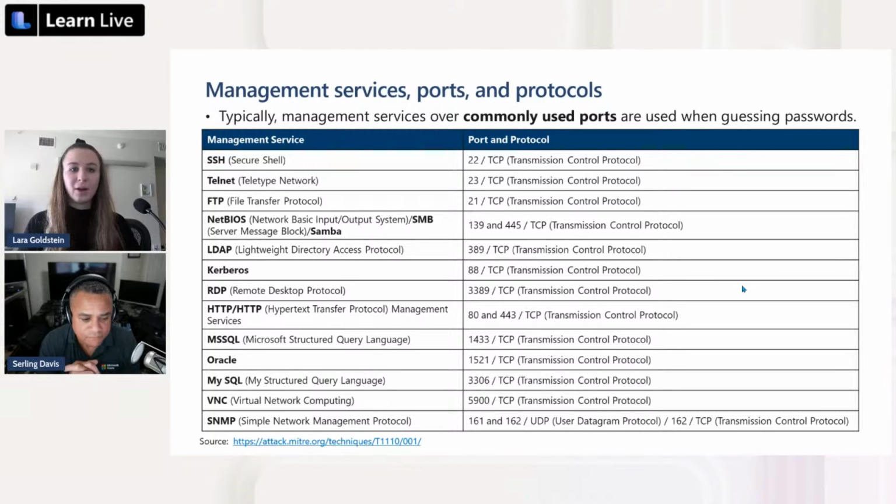If an attacker is scanning for open ports and they see one of these ports open, they're going to try to target it because they would get access to a lot of high-valued management capabilities. So they'll target them, try to guess passwords, and gain unauthorized access to the system. We commonly see attacks over port 22 and 3389.